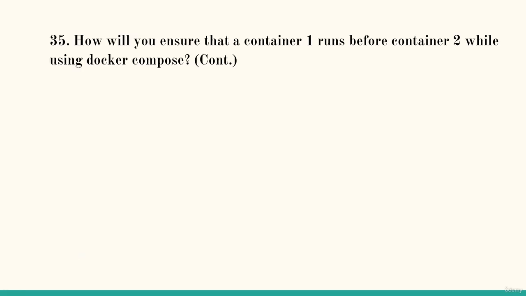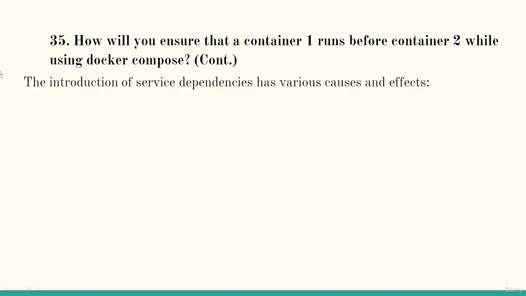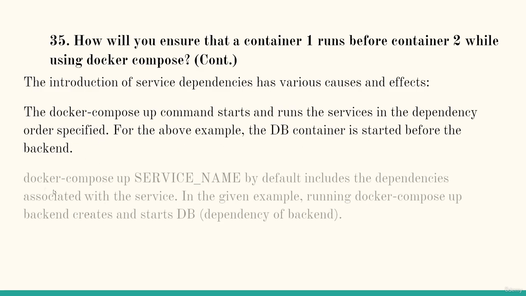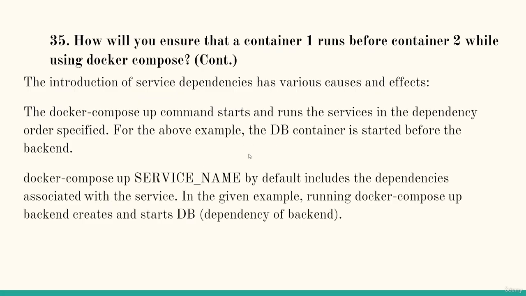So let's continue this question. The introduction of service dependencies has various causes and effects. The docker compose up command starts and runs the services in the dependency order specified. For example, in our previous example, the DB container is started before the backend. And docker compose up with the name of the service by default includes the dependencies associated with the service.